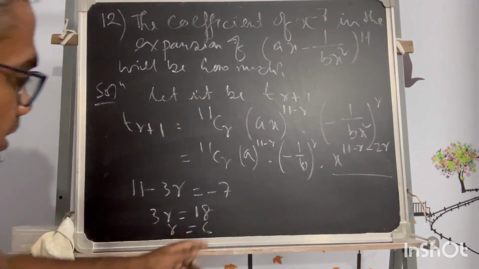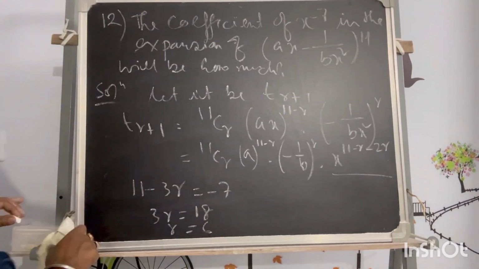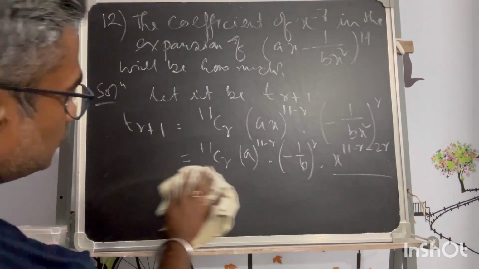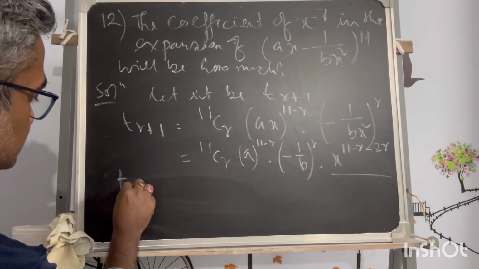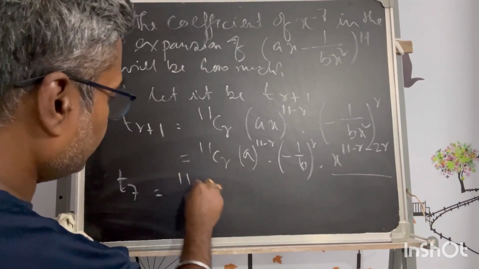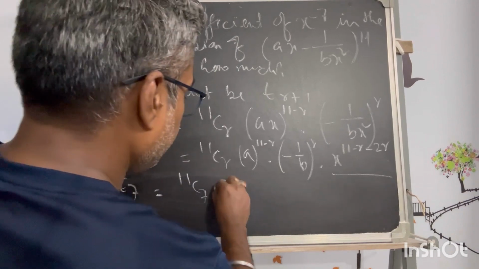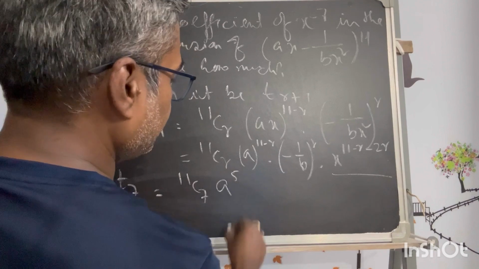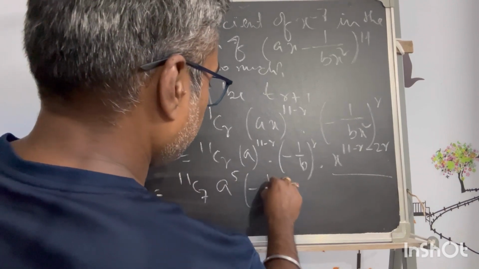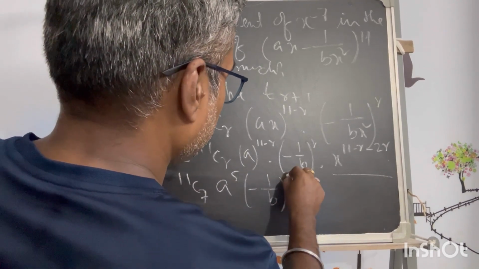Now once I get r, the term will be t 6 plus 1, so the seventh term. Now put the value here. 11 C 6, a to the power 11 minus 6, that is equal to 5, and here 1 by b whole to the power 6.